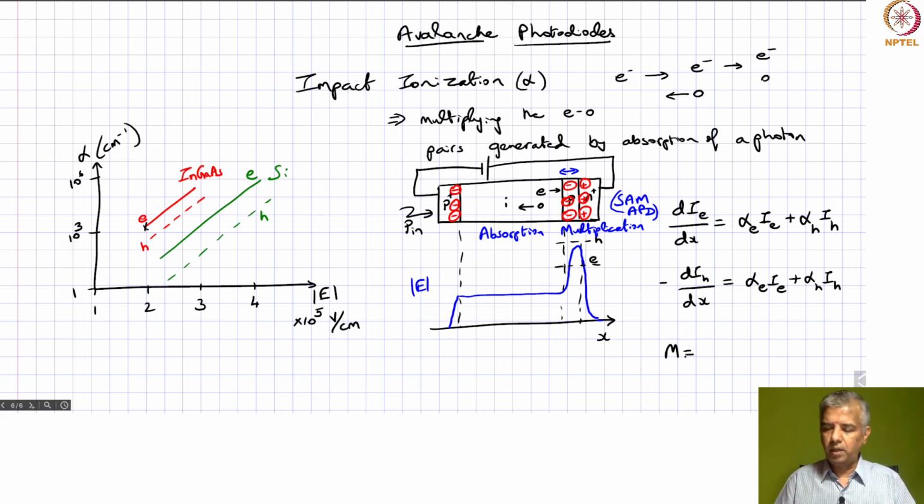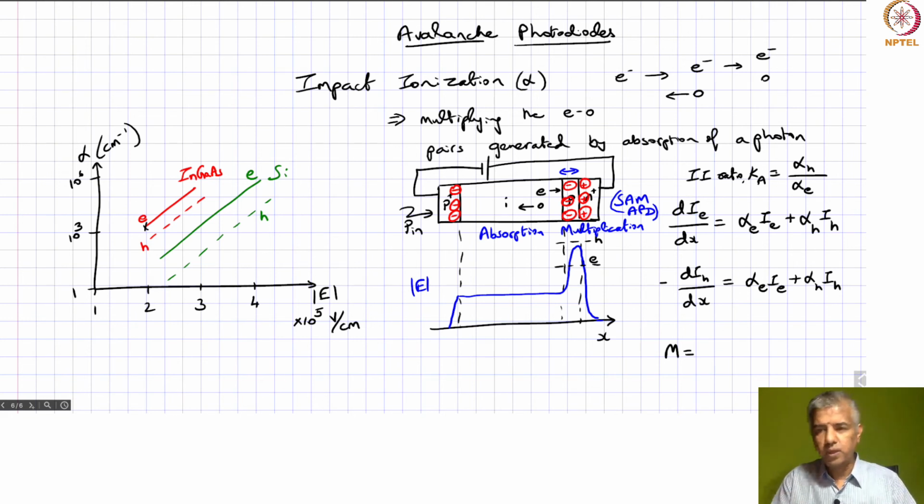M is expressed in terms of the impact ionization coefficients, and it's convenient to represent the ratio of these impact ionization coefficients. Let's say this is the impact ionization ratio, Ka, which is given by the impact ionization coefficient for holes divided by the impact ionization coefficient for electrons.